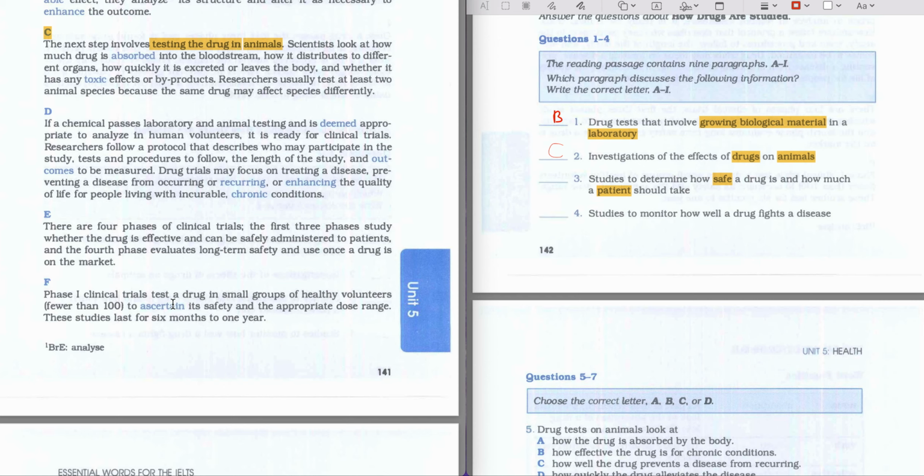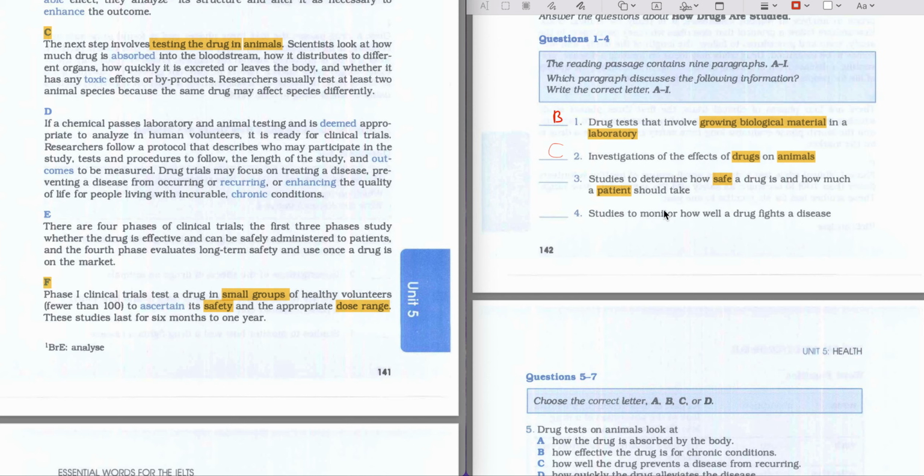They were saying about the experiment in order to ensure its safety and about the appropriate dose range. Dosing range is actually a synonym to the phrase how much a patient should take. So there is information about the dose and about the experiment on that small group of patients which they've done. So the answer to the third question is going to be F.